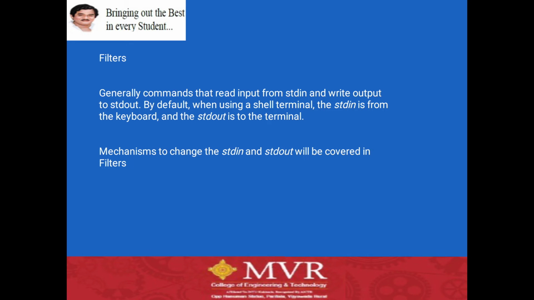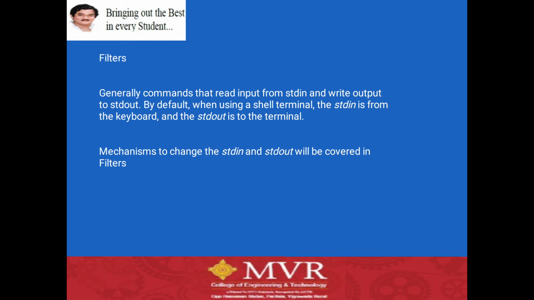First of all, let us understand that the commands we discussed till now have taken the input from the keyboard and given us the output on the terminal, that is nothing but the monitor. So whatever commands we have used, we have given through the keyboard. The input is given through the keyboard and the output is taken from the monitor, that is the terminal.